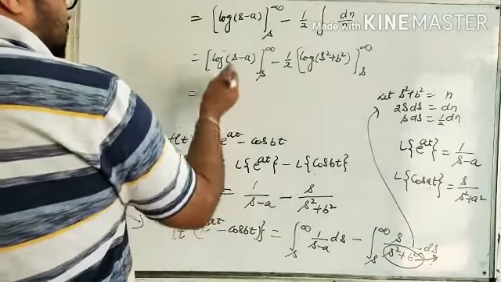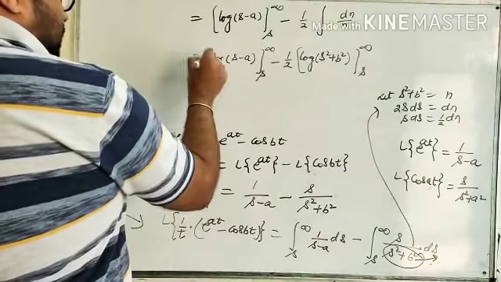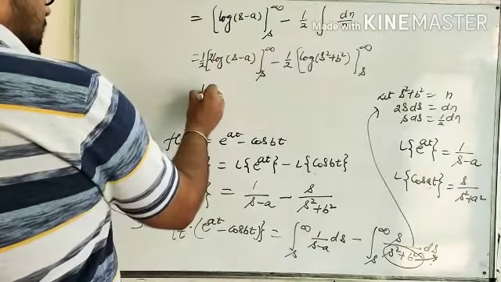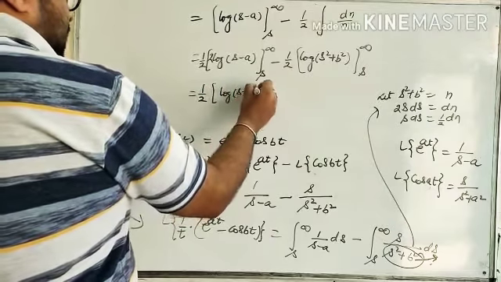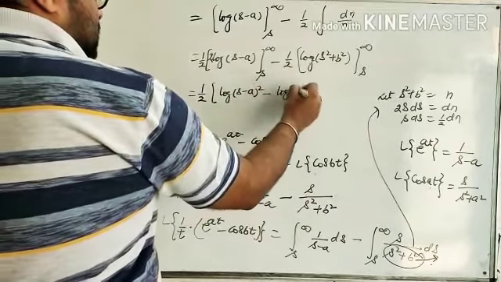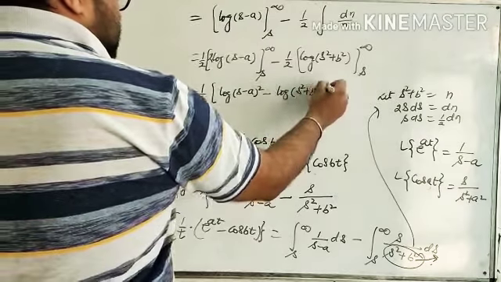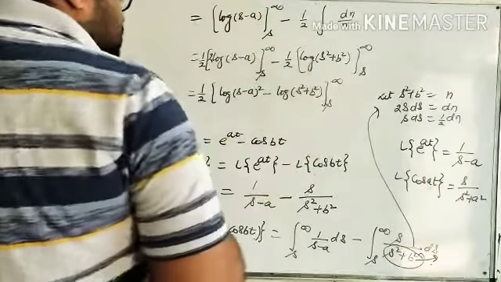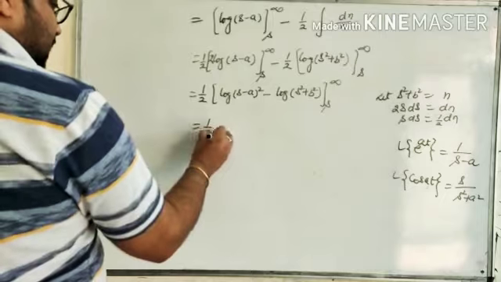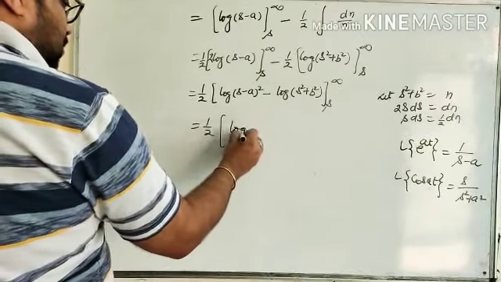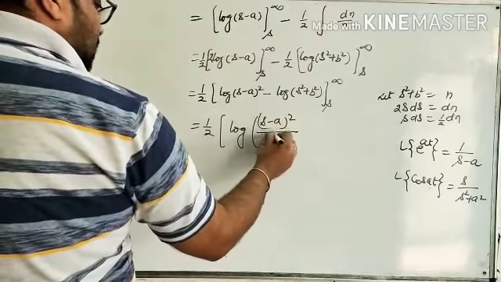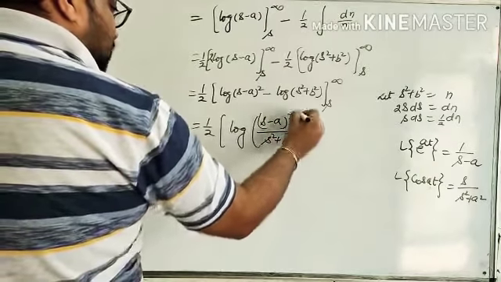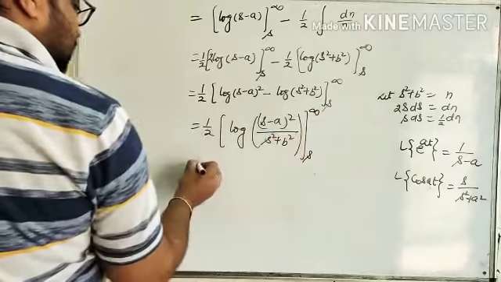We can write it as, if we multiply by 2 and divide by 2, 1 upon 2 of log of (s minus a) square minus log of (s square plus b square), under the limit s to infinity. Or we can write it as 1 upon 2 log of (s minus a) square upon (s square plus b square), under the limit s to infinity.